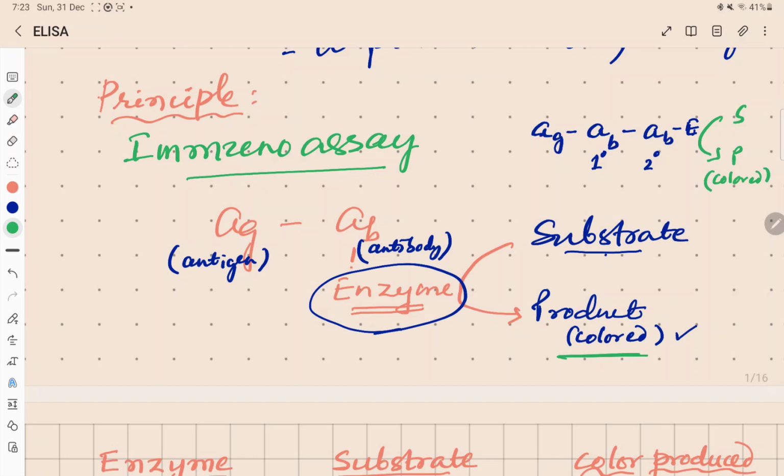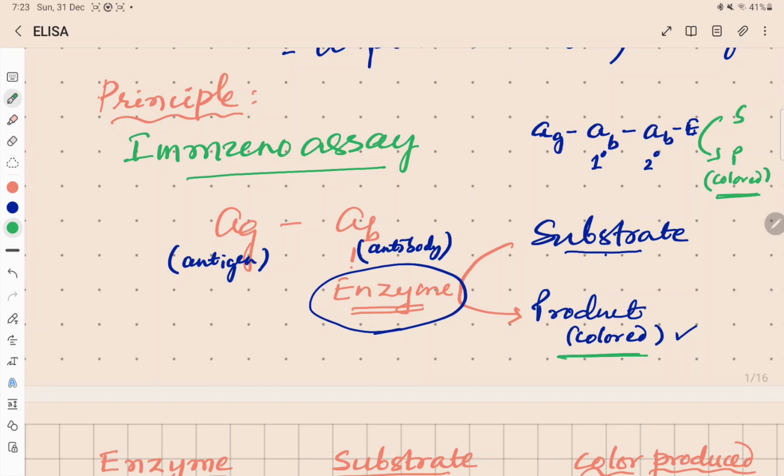When we add the substrate, it will be converted to a colored product by the enzyme. From the color we can say whether the antigen or the antibody is present, and from the intensity of the color we can say how much is present. This is the principle.